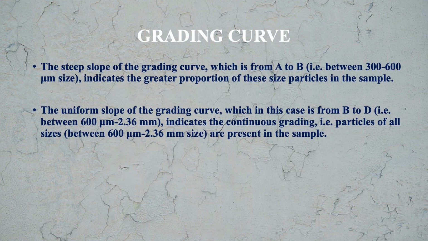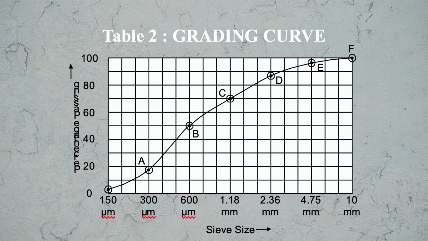Now the uniform slope of the grading curve, which in this case is from B to D, between 600 micron and 2.36 mm, indicates continuous grading. That is, particles of all sizes between 600 micron and 2.36 mm are present in the sample. Going from B to D, the slope is not steep, and because of that the range of sieve size increases.